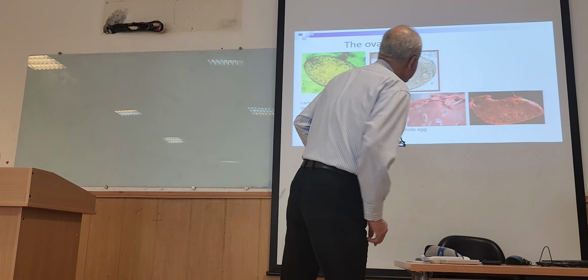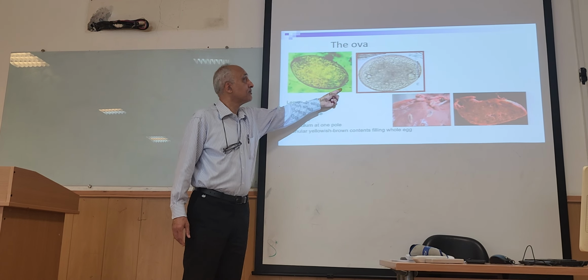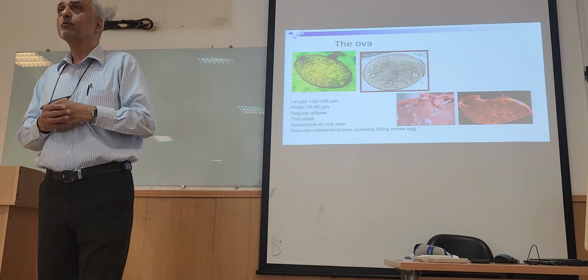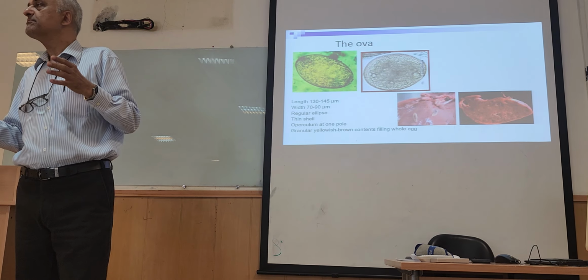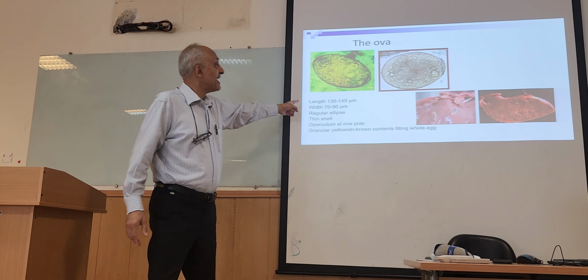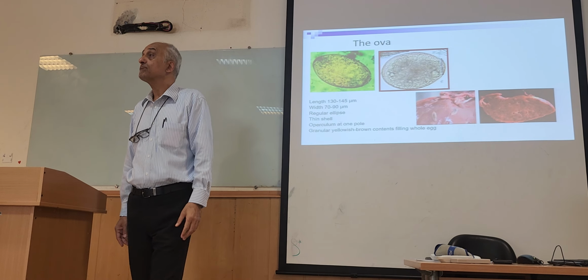Okay. The eggs, like this, have an operculum. The adult worm is nearly 2-3 centimeters in length. For the eggs, you can see that the length is about 130 to 145 micrometers.